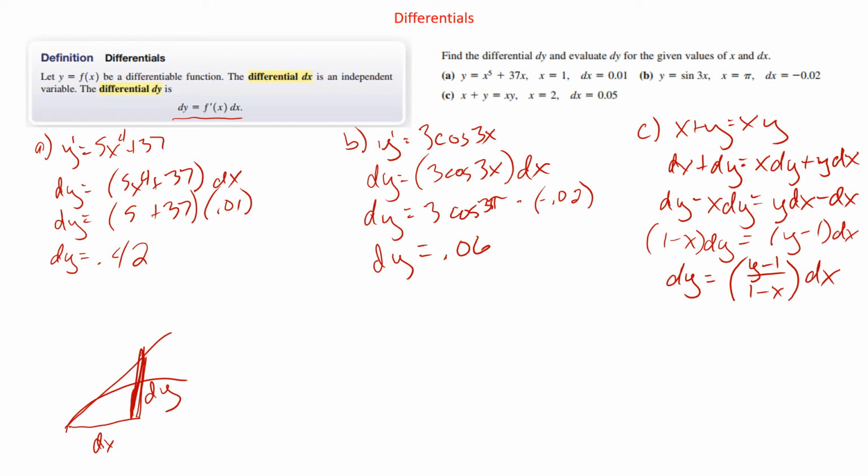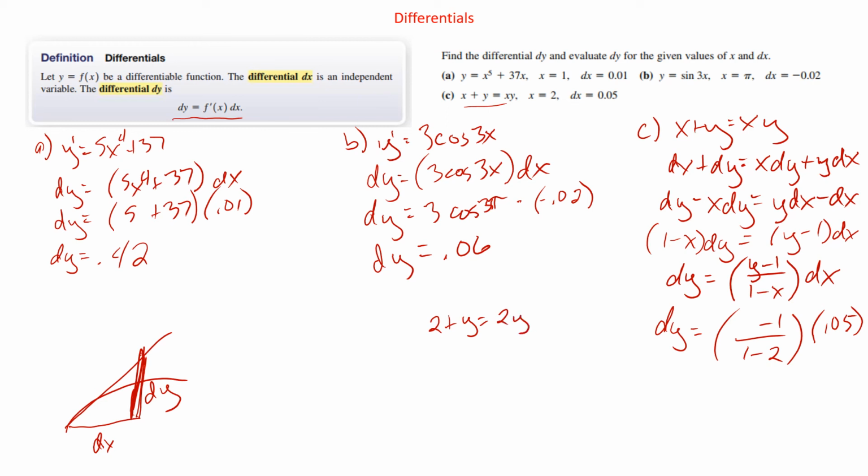And now we need x equals 2 and dx equals 0.05. So we have y minus 1, we'll figure out y in a second, over 1 minus 2 times 0.05. So now what does y equal? Well, plug in 2 back into that original equation. We have 2 plus y equals 2y.